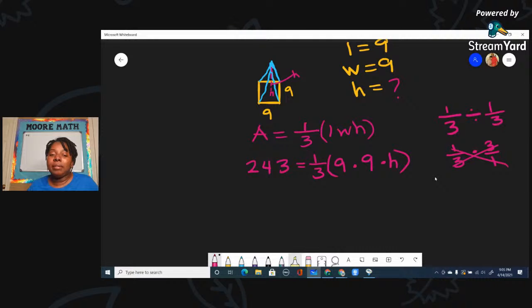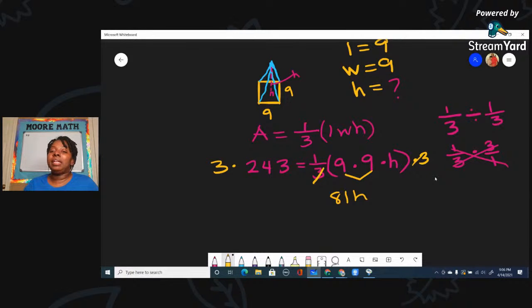Okay, so let's try it. Multiply both sides by 3. On this side, it cancels out, right? You can join these together if you want. You get 9 times 9 is 81 times h.